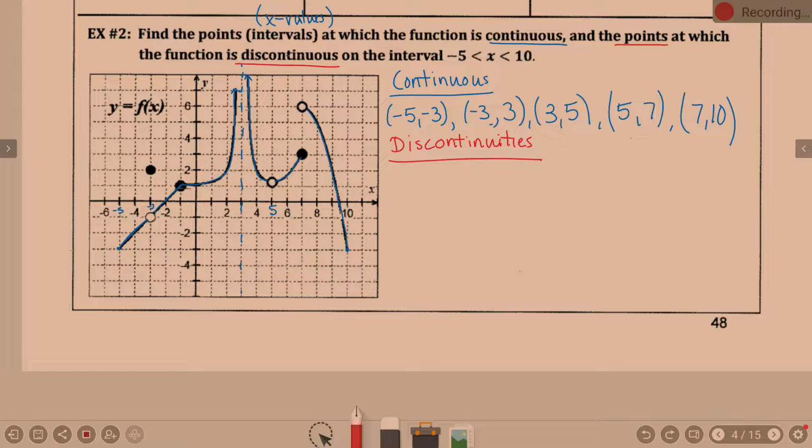Okay, so I'm just going to list it as the x value. Maddie is saying there is a discontinuity at x equals -3. Agree? Yeah. What is it? It's a hole. And if it's a hole, what do we know about it? It's removable.